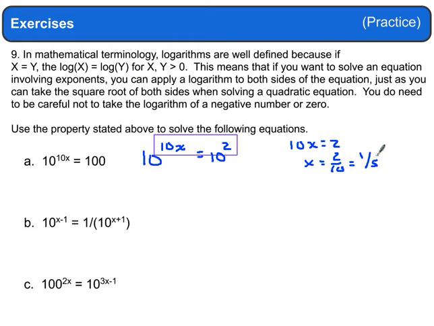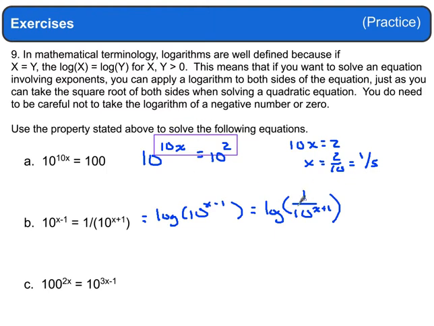So in part B, what's going to happen is we've got this more interesting piece going on here. One of the things that I can do is log both sides. So if I log this side, and I log the 1/10 to the x plus 1 on both sides, this is going to allow me to cancel some info.